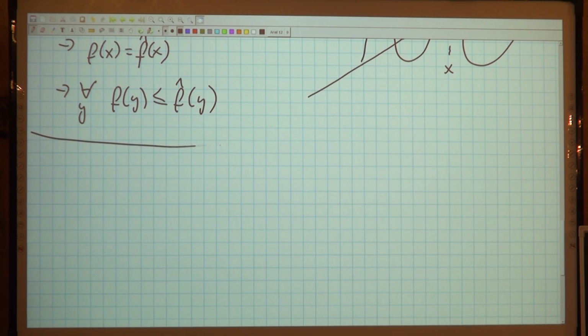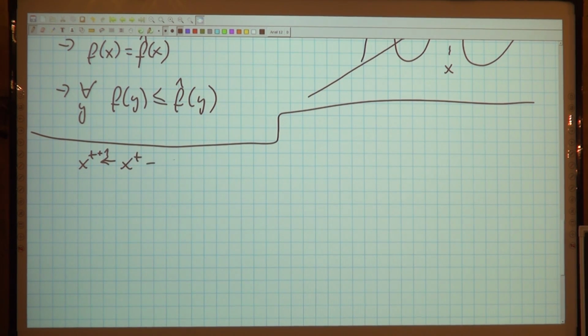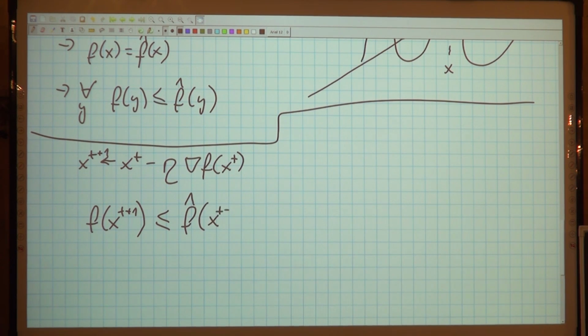let's now analyze how much progress a gradient descent step makes. Remember that we had some point x_t, and now we move to the point x_{t+1}, which was x_t minus eta times the gradient of f at x_t. So what can we say about the true value of the function at the point x_{t+1}? Well, we know that it is at most f hat of x_{t+1}.